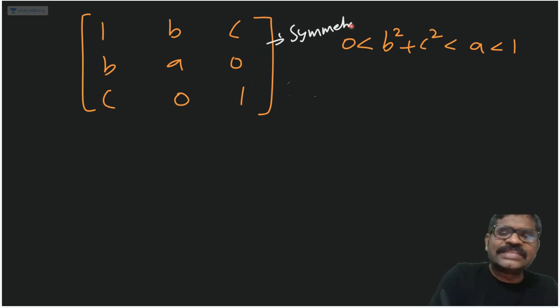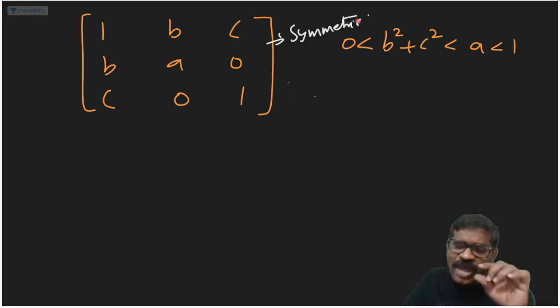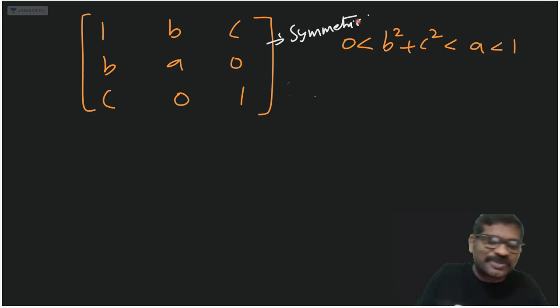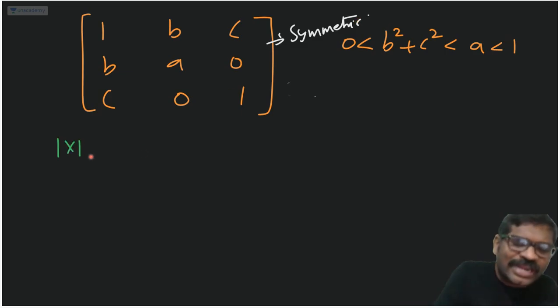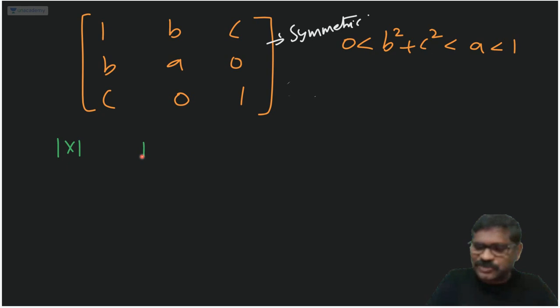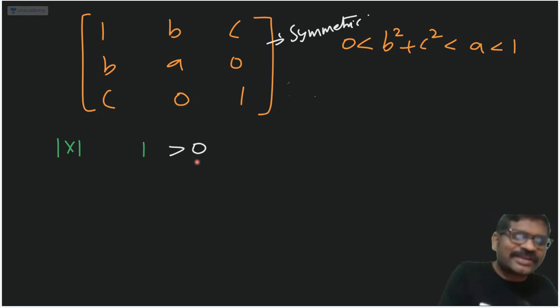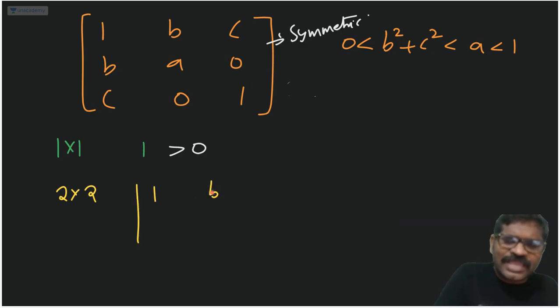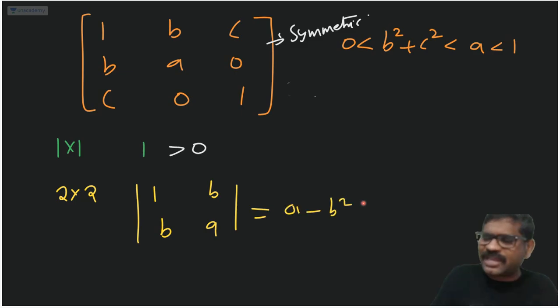When a matrix is symmetric, whether it has positive real eigenvalues or negative real eigenvalues, you can justify by using the leading minors property. First examine leading minors. The 1 cross 1 leading minor is 1, which is positive. Examine the 2 cross 2 leading minor: it is A minus B square.